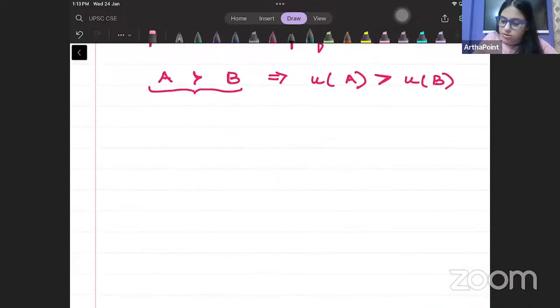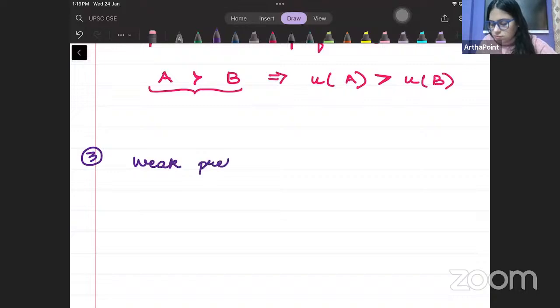Now, beta, we talk about the third. And now we are talking about weak preference. Right, beta?